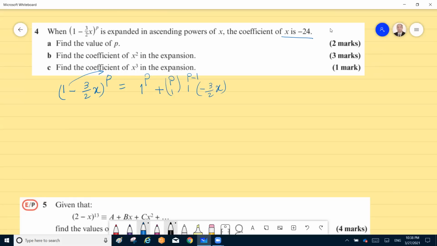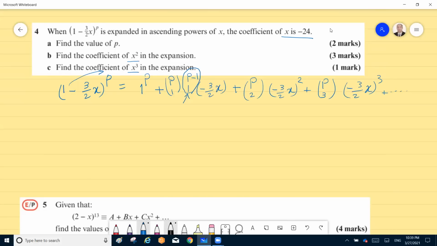You can continue to find the coefficient of x squared and x cubed: plus pC2. I'll ignore writing the 1 part because 1 raised to any power is 1. So only write this one: negative 3 halves x squared, plus pC3 times negative 3 halves x to the power of 3, and so on until we know the value of p.